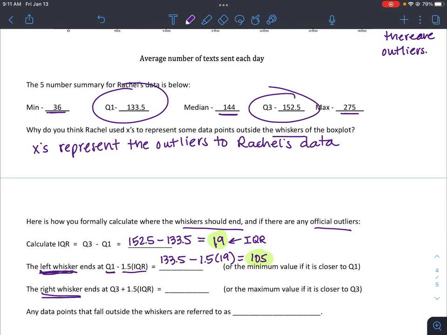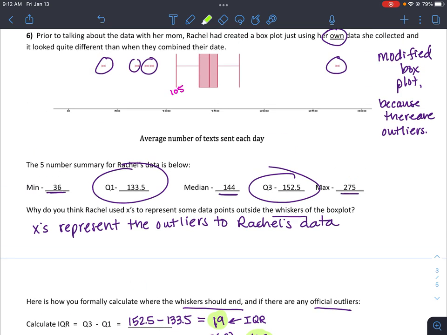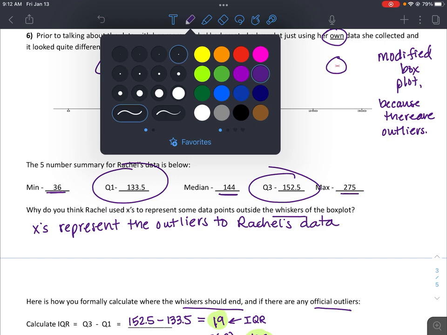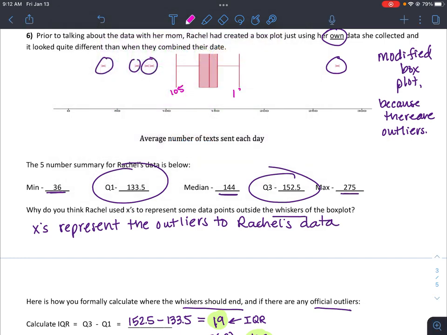The right whisker is Q3 plus 1.5 times your IQR. So Q3 is 152.5 plus 1.5 times 19. And really, it's just typing them in. And we get 181 as our upper bound. Anything above 181 would be considered an outlier.